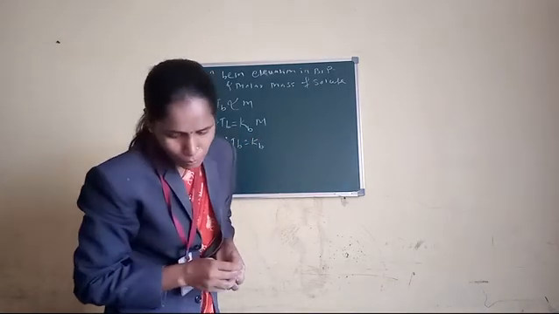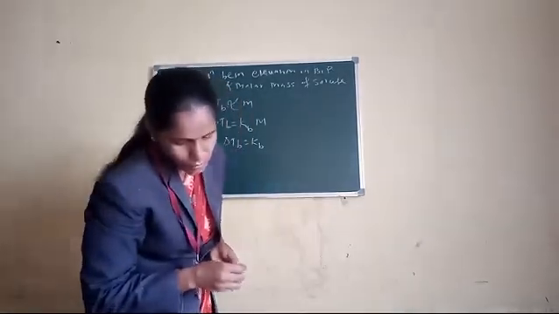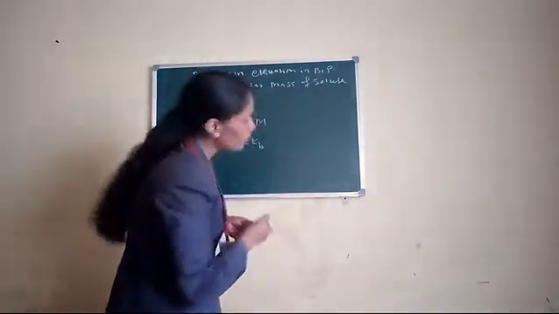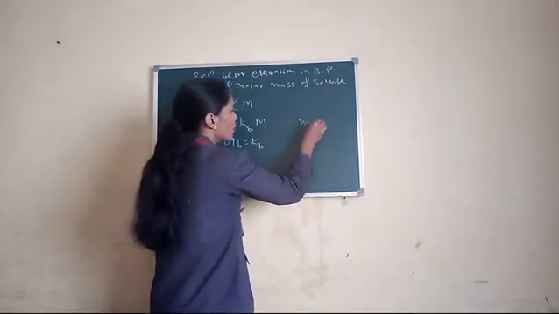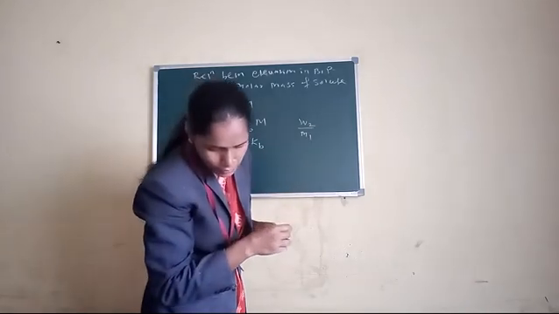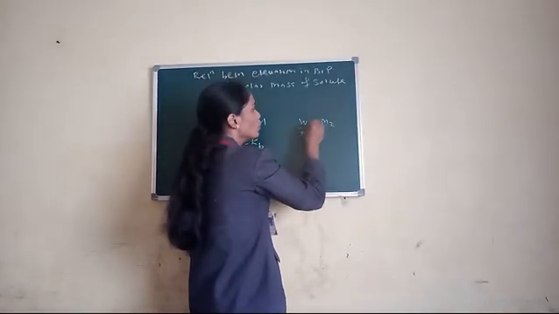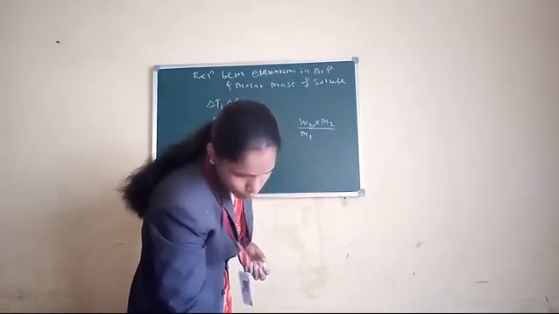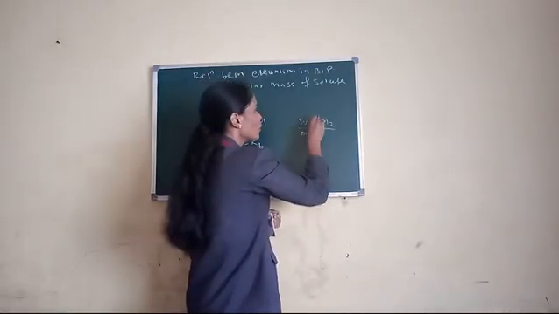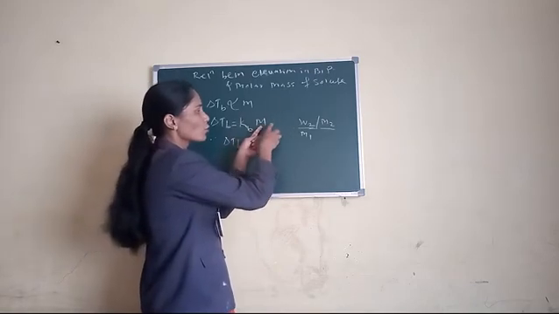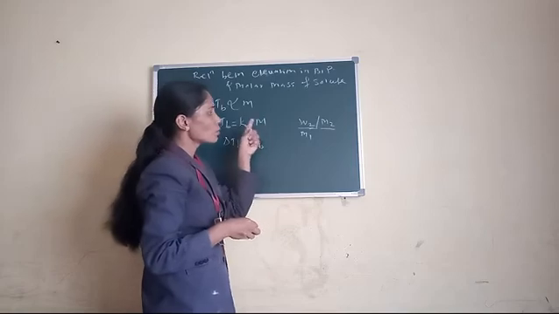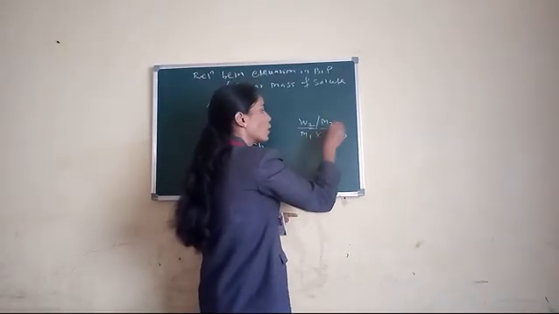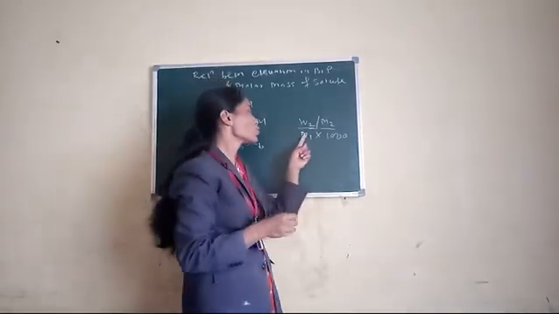The formula for m is W2 upon M2 for the solute, divided by the mass of solvent. Molality means moles of solute per 1000 grams of solvent, that is W2 upon M2 into 1000 upon W1, where 1000 grams means 1 kg, the mass of solvent in kg.